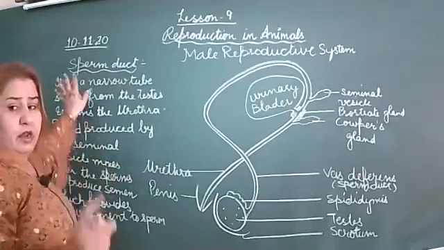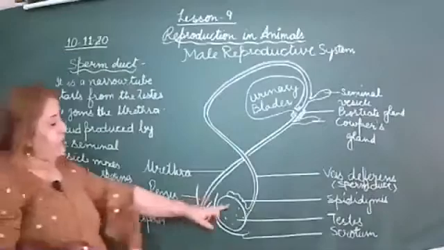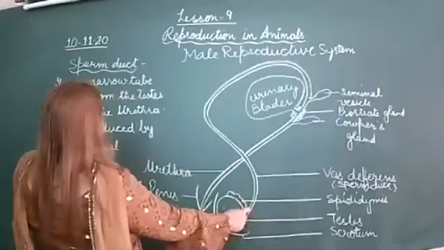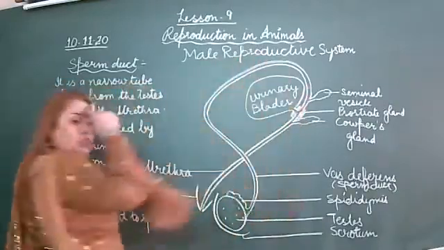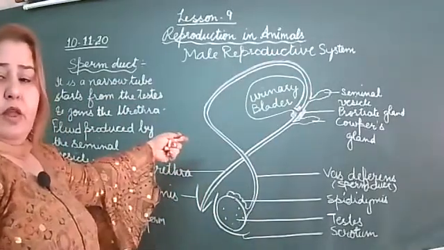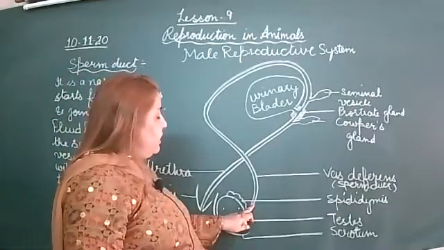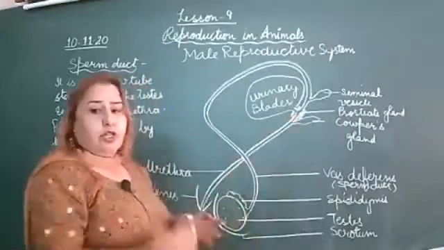Now, the sperm duct, before that we already had written. Now write down the sperm duct. You can see it is a narrow tube that starts from the testis and joins with the urethra. You can see in the diagram that the sperm duct arises from the testis and joins with the urethra.